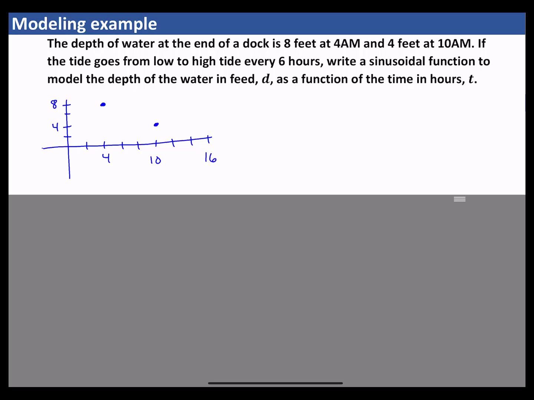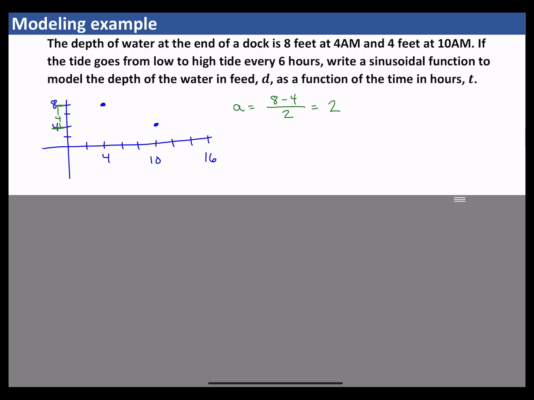So there's a few things we can identify here. First of all, we can see that the total distance from maximum to minimum is 4. And so our amplitude A is going to be half of that. In other words, 8 minus 4 divided by 2. The maximum minus the minimum divided by 2 gives us 2.